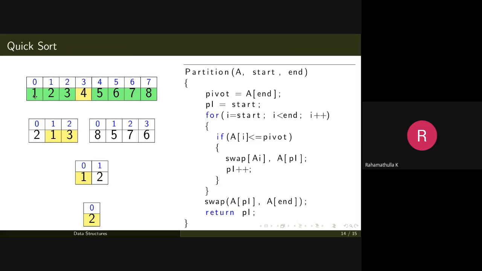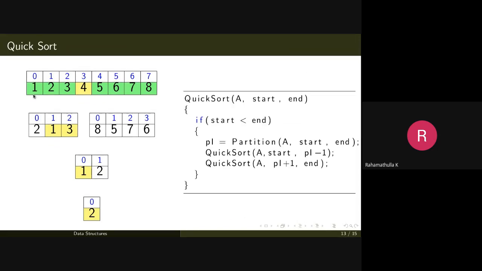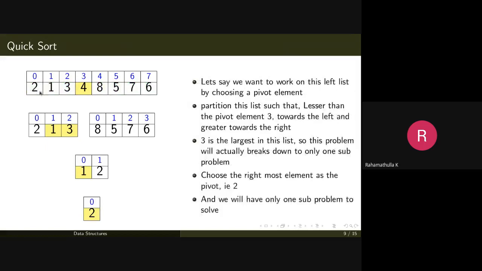For example, in this case, A of i is at 0 and A of pi is also 0, so there will not be any change. Now pi will be incremented. A of i and the pivot element are compared, and again there is no change, and so on.